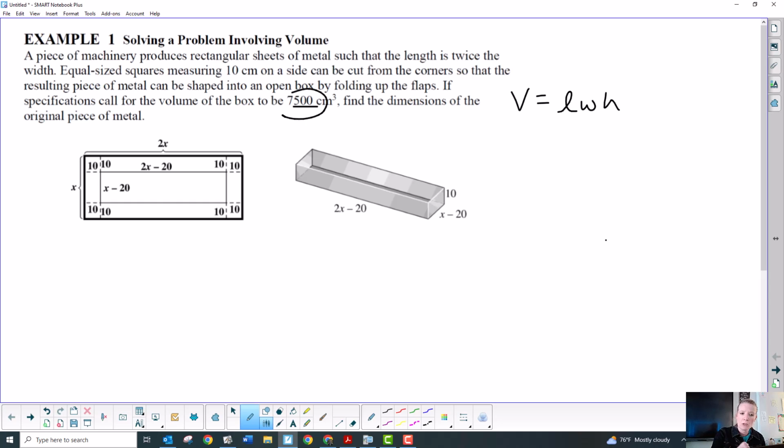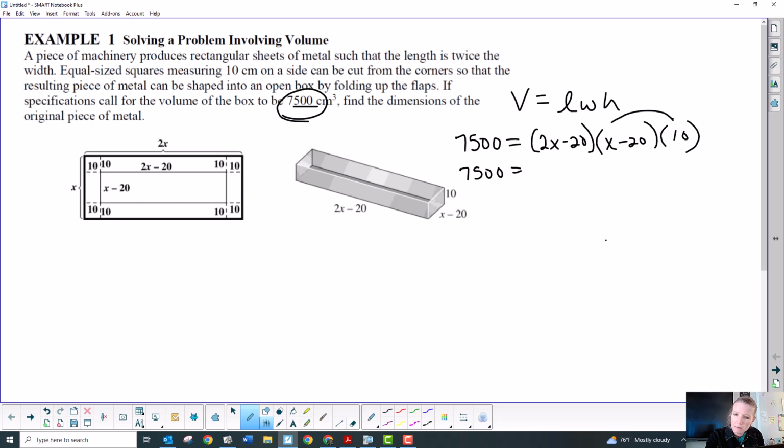They told me that the volume was 7,500, so 7,500 equals length, 2x minus 20, times width, x minus 20, times height, 10. And I'm going to multiply all that out. The first thing I'm going to do is multiply the 10 back there.